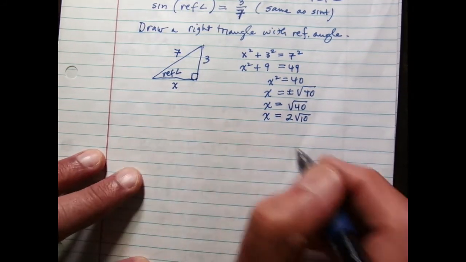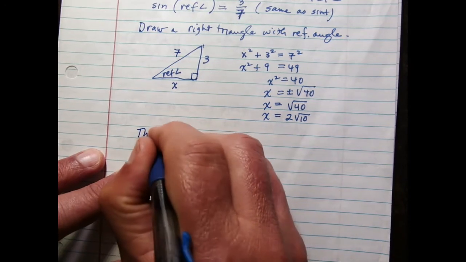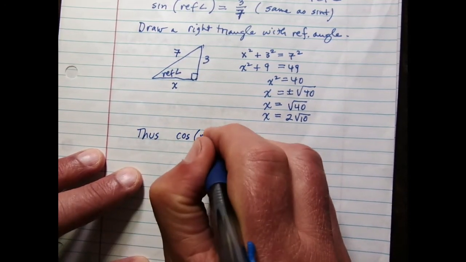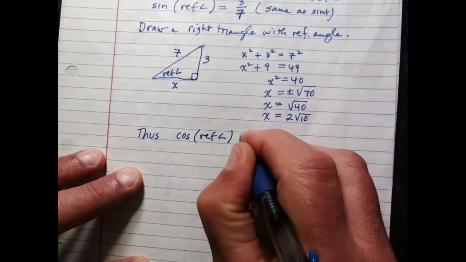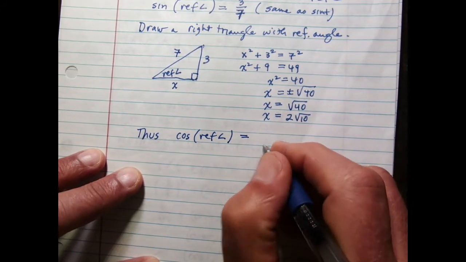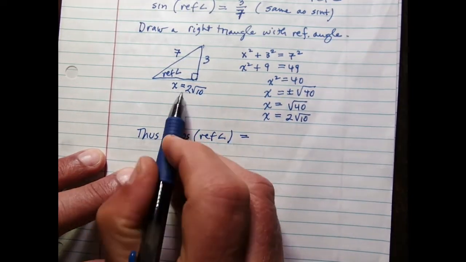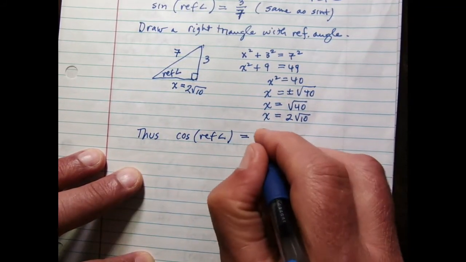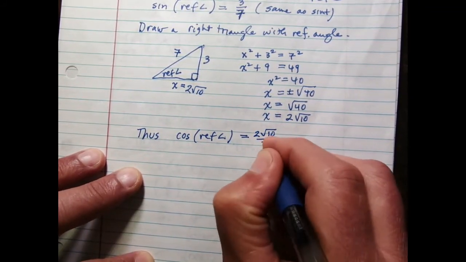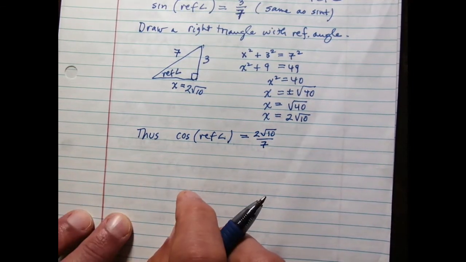So let's see, we can say thus cosine of the reference angle is adjacent over hypotenuse. If this side is 2 square root of 10, the cosine of the reference angle is 2 square root of 10 over 7. Okay.